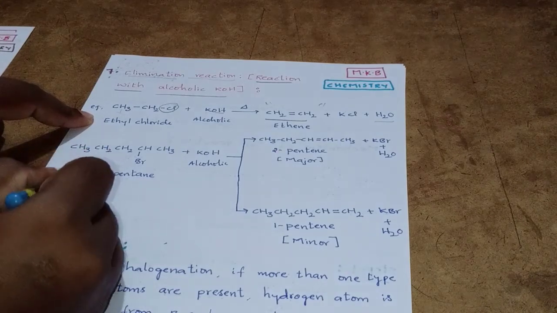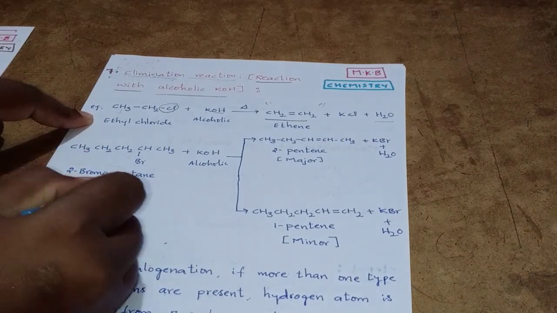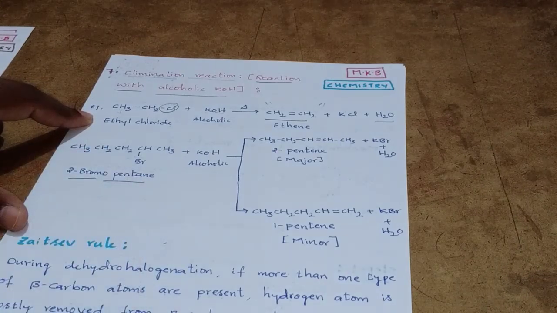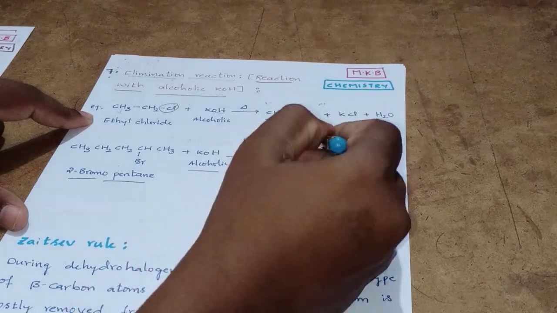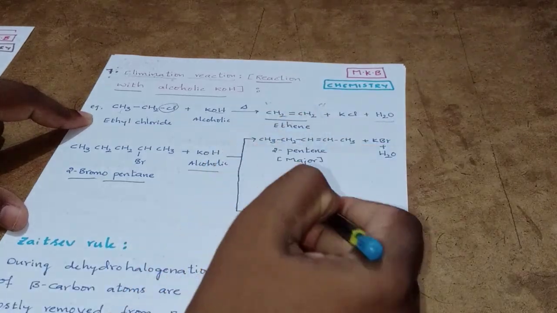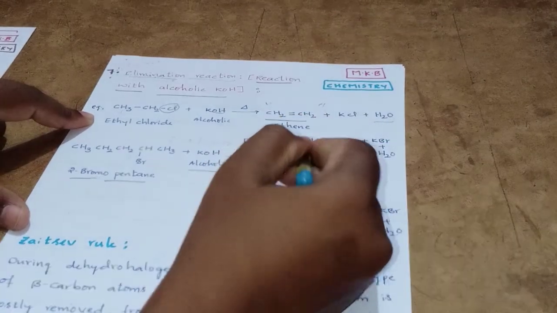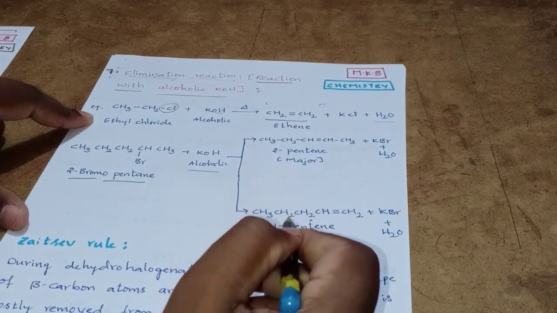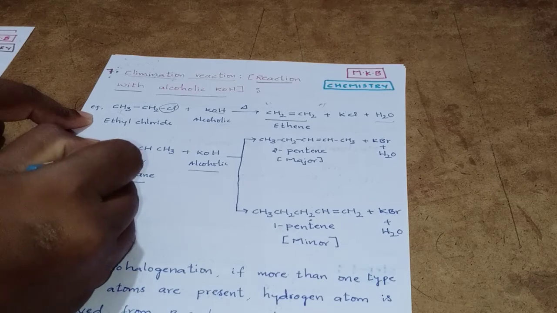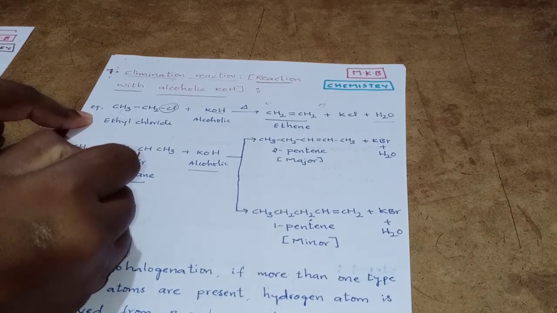that is ethene. If I take an alkyl halide such as 2-bromopentane, when it is reacted with alcoholic potash, there are two products. One is 2-pentene, one more is 1-pentene. How are these two products possible? We have to eliminate halogen and hydrogen.